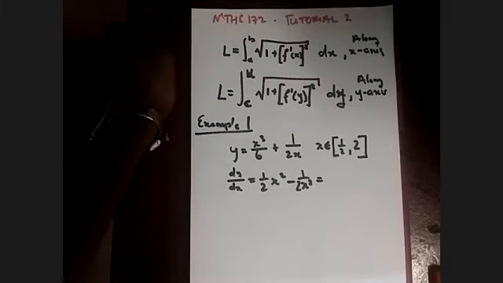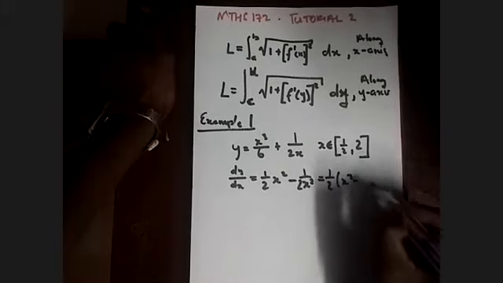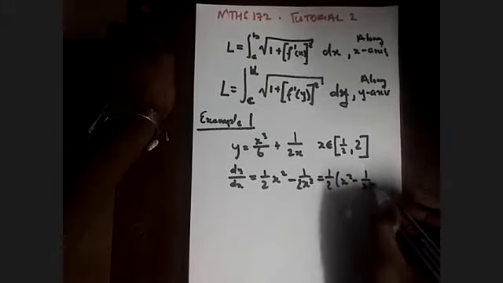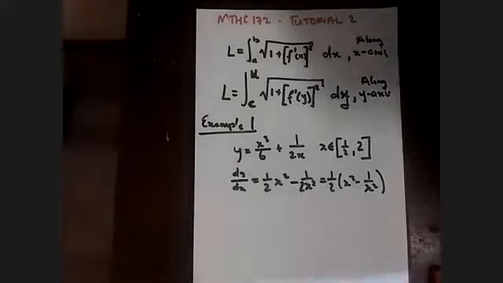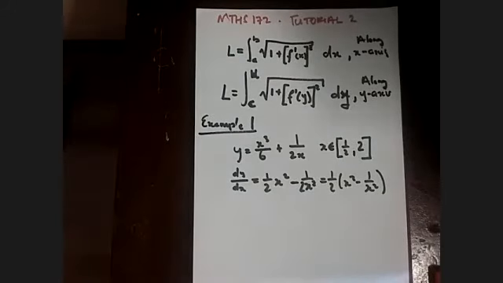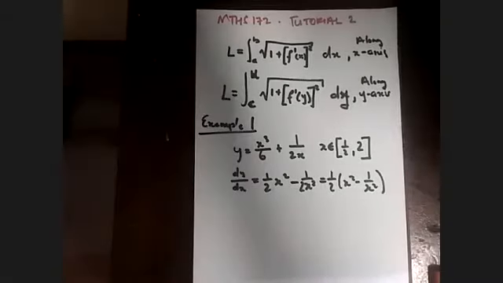We're going to have something like 1/2 x squared minus 1 over x squared. So this is the derivative that I am finding. I will trust that this is true since nobody is disproving it.